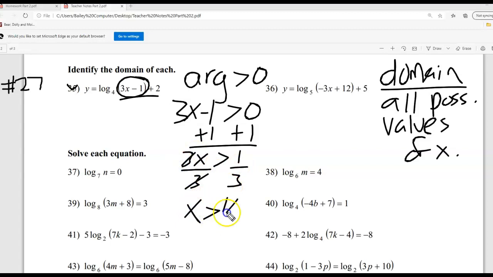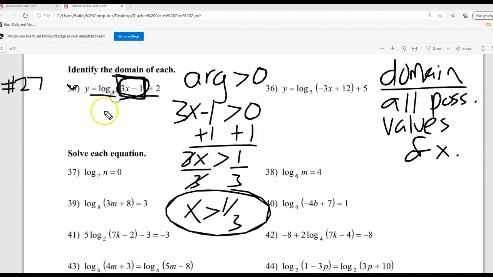So what this means is that x can be anything greater than 1/3. But if you were to plug in any number that's less than 1/3 for x, like let's say 1/4 or -1/2 or -2, anything that's less than 1/3, that's going to make your argument end up being negative, and the logarithm won't like that.